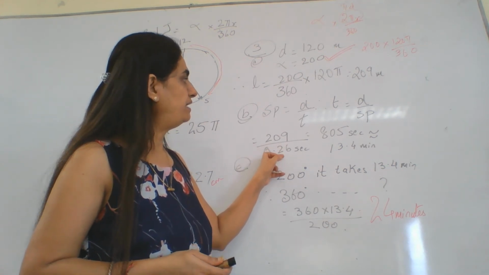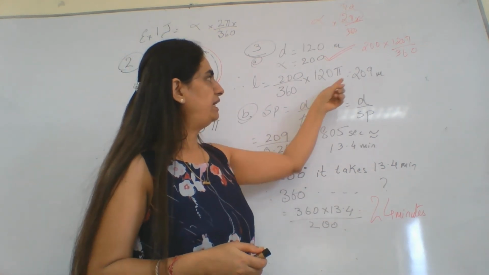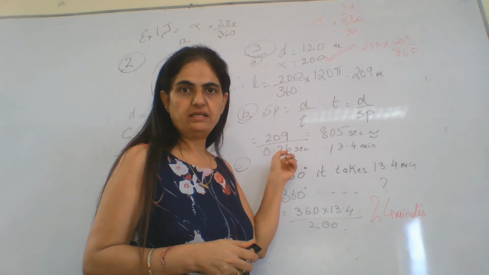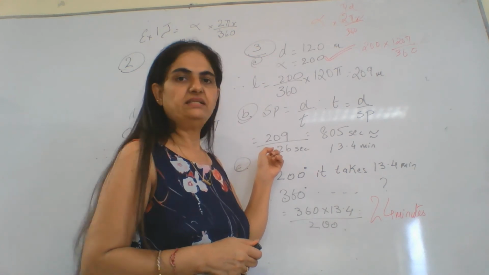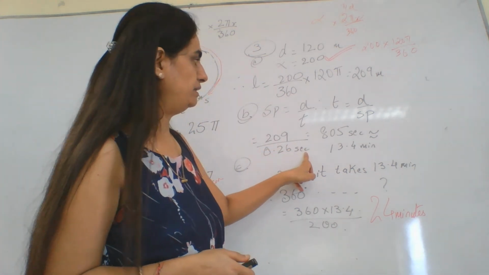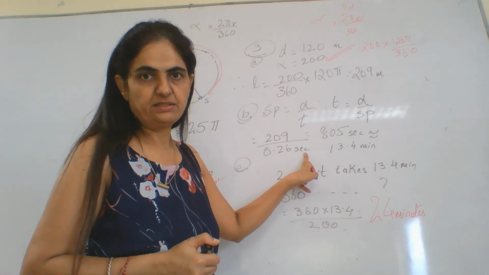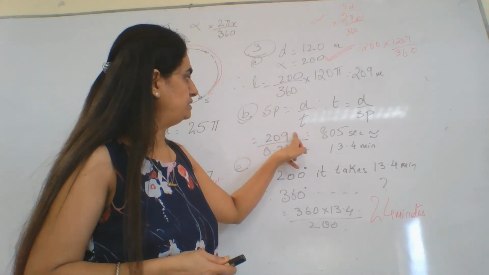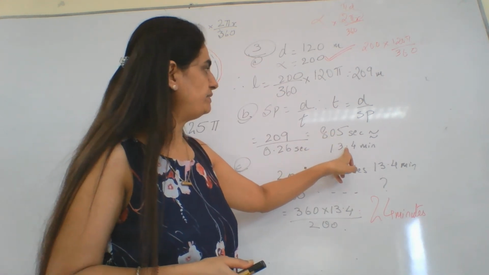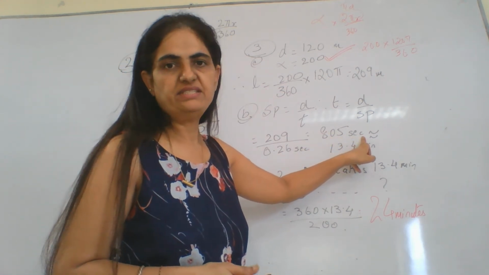Now since I have the distance in meters, I convert this into meters per second. So I will get 0.26 in meters. Okay. So this is 209 divided by 0.26, which gives me 805 seconds.